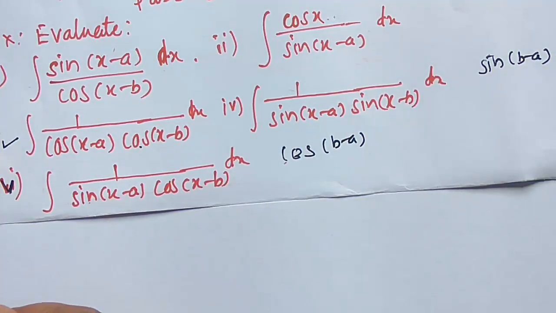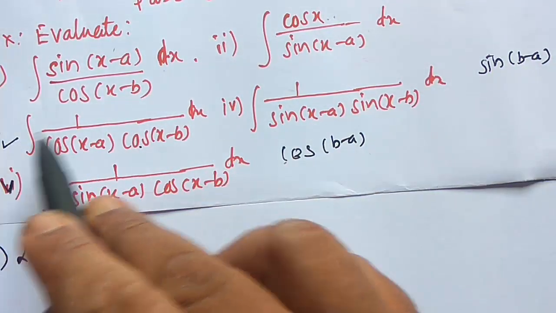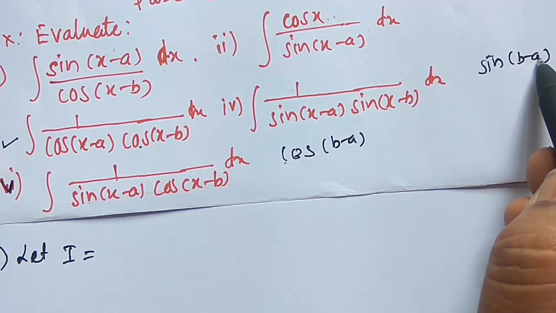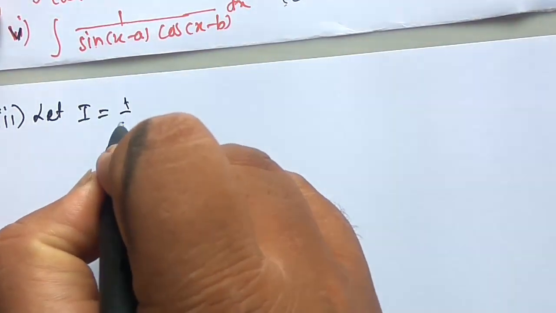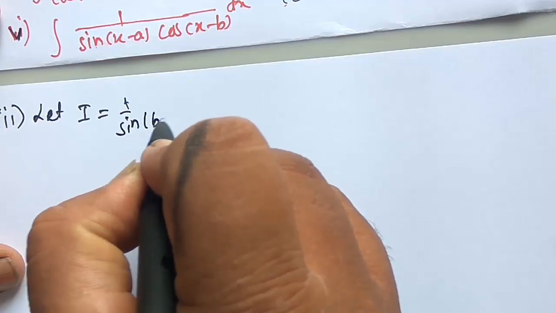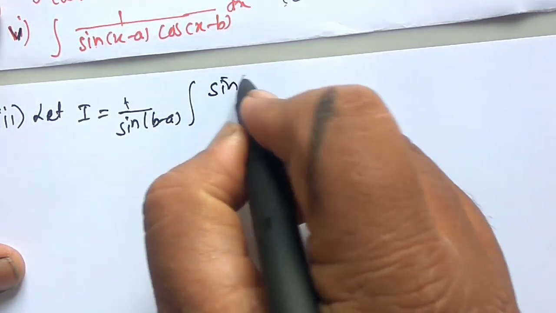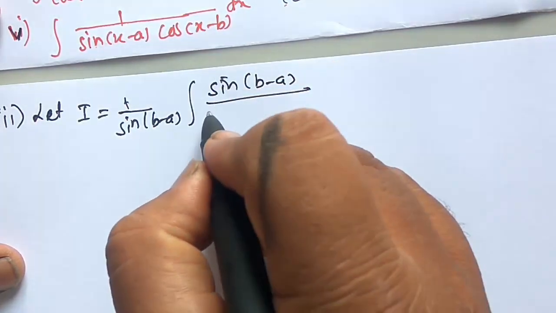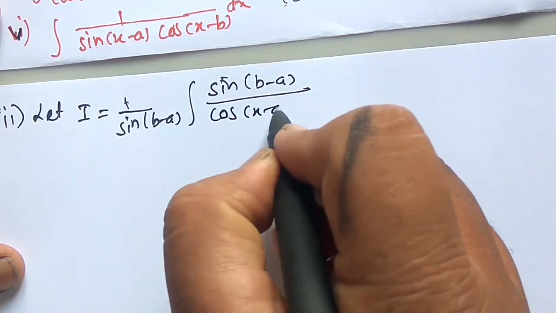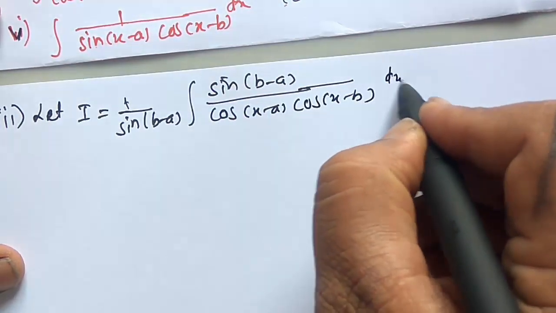Therefore, number third, let I be equal to, for third and fourth we multiply by sin of (b minus a). So, I is equal to 1 upon sin of (b minus a) into sin of (b minus a) upon cos of (x minus a) into cos of (x minus b) dx.